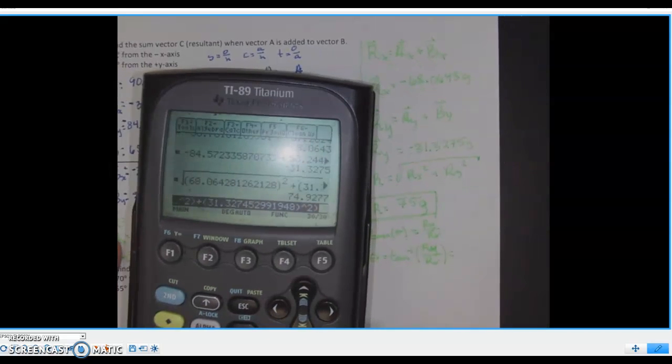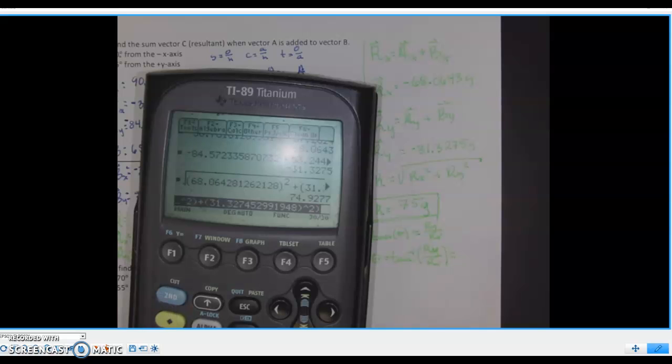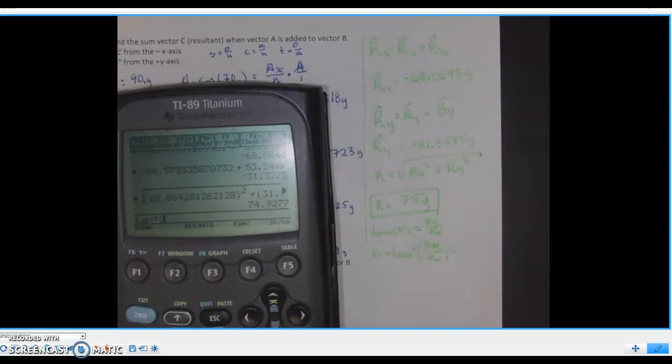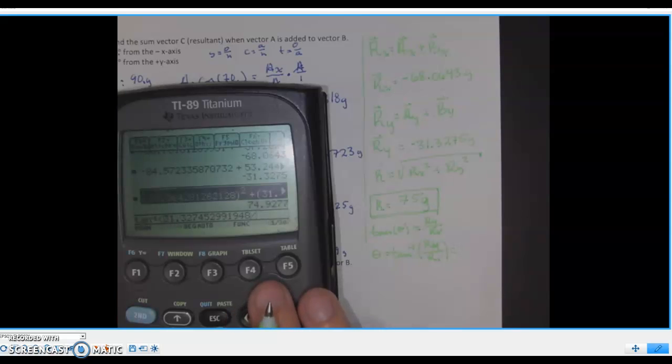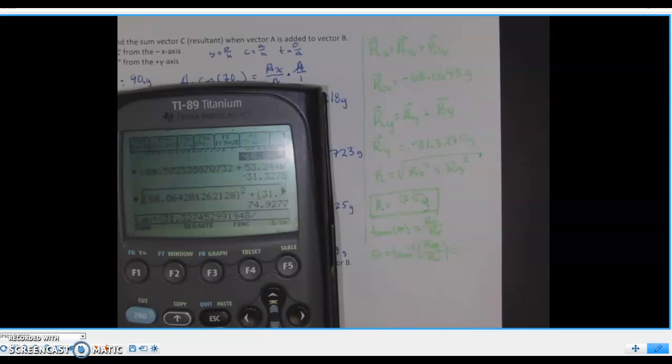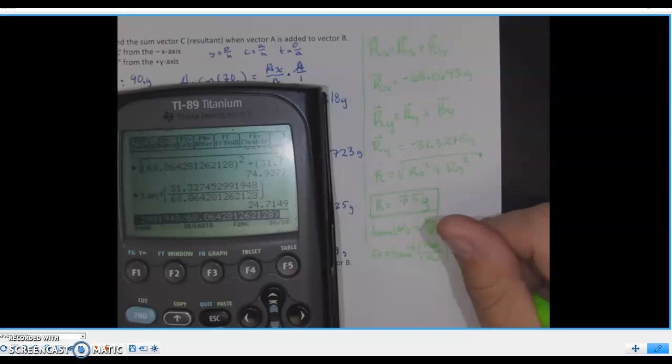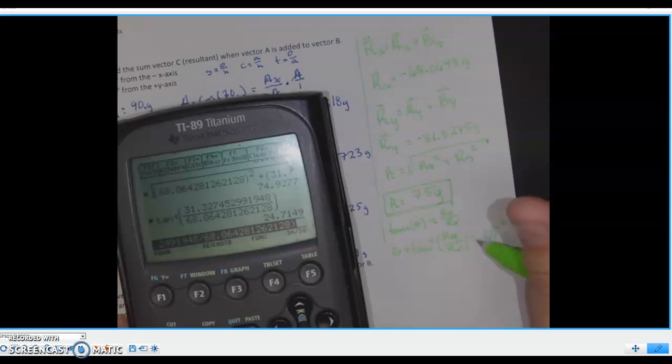And again, these are magnitudes, not directions, so I'm not going to take the negatives with me. R sub y was the 31 magnitude divided by my r sub x, which was the 68. And so my angle, 2 sig figs, so 25 degrees.